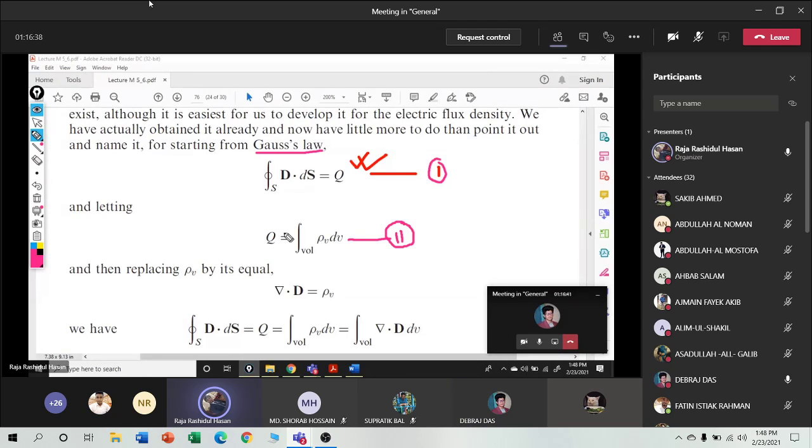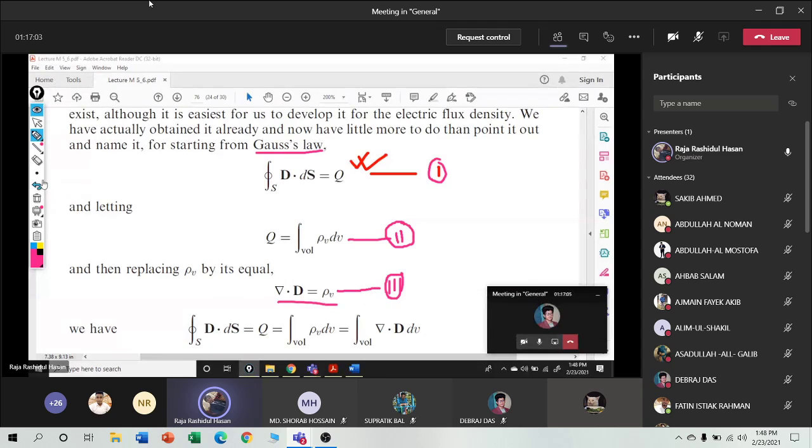Where? Volume charge distribution. We can find the total charge within the volume. That is Q equal to integration of rho v dv. Another last format that we saw a little while ago: divergence of D equal to operator dot D equal to rho v from Maxwell's equation.